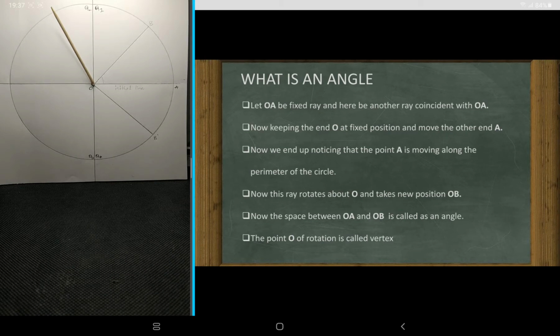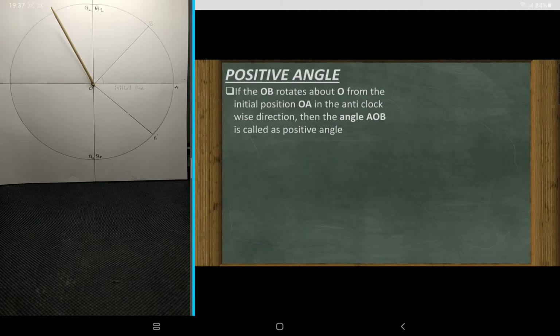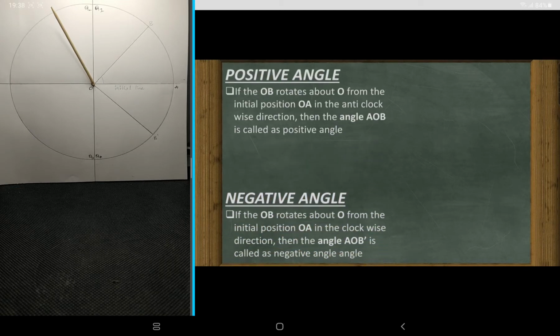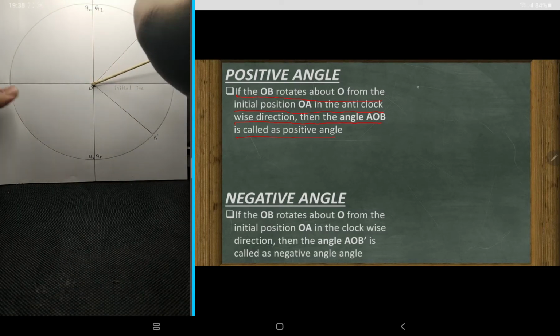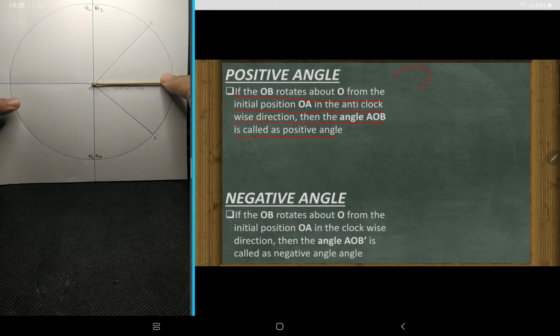Next, positive angle and negative angle. In a positive angle, if OB rotates about O from the initial position OA in the anti-clockwise direction, then the angle AOB is called a positive angle. Look at your left side.